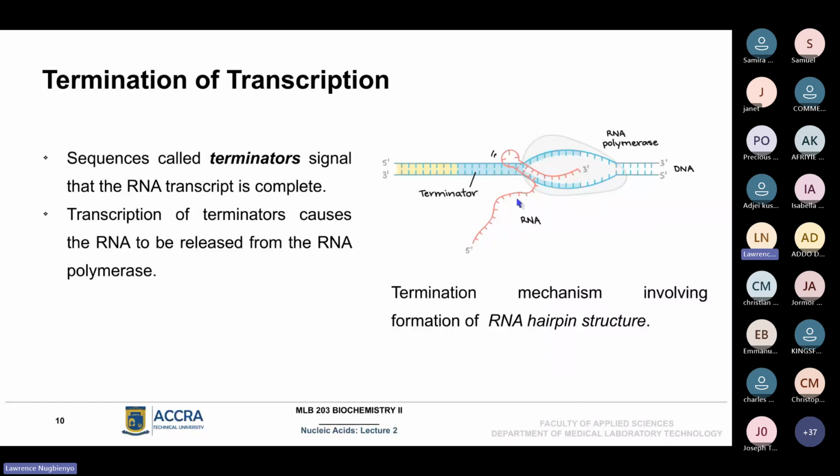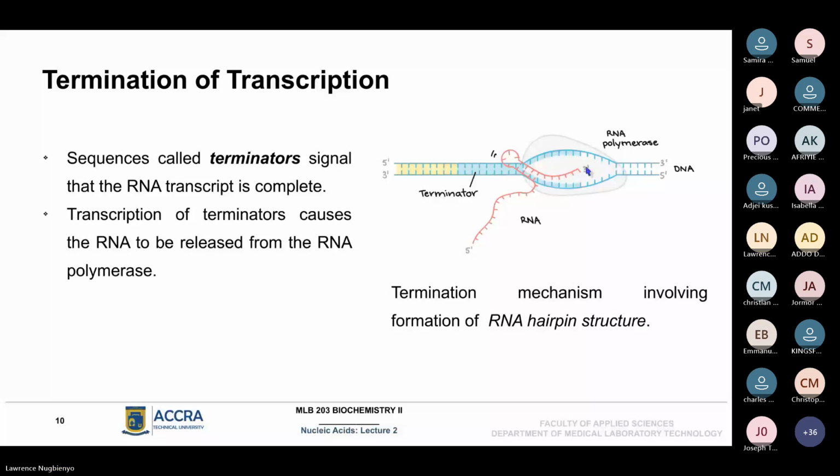Now you notice that there is something interesting here. At the end, this termination, you see the process which is occurring, causing this RNA molecule to dissociate from the terminator, is forming a secondary structure. So this should tell you that even the hairpin structure has a function in the process of transcription. So this structure is what we saw, the first secondary structure of RNA, which is the hairpin structure.